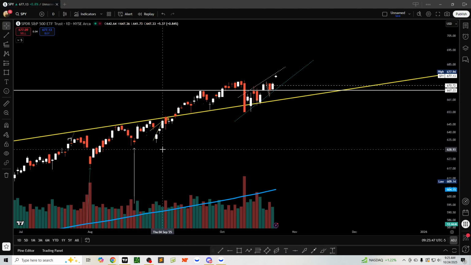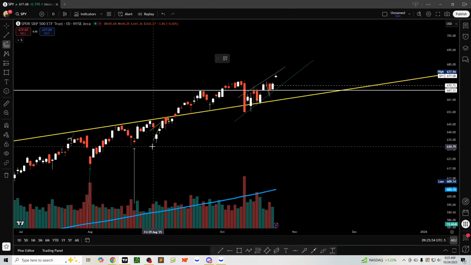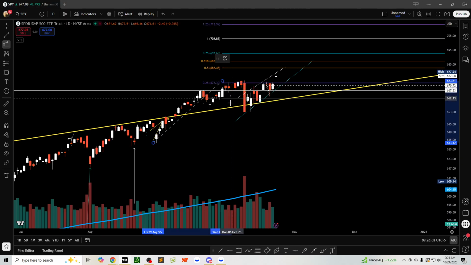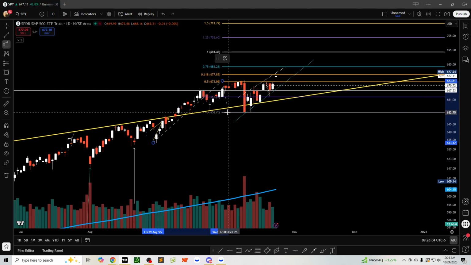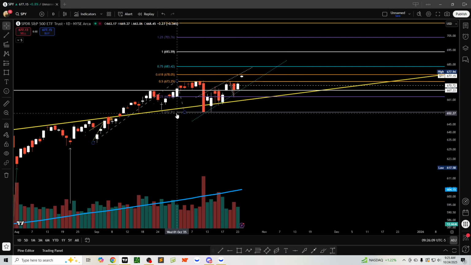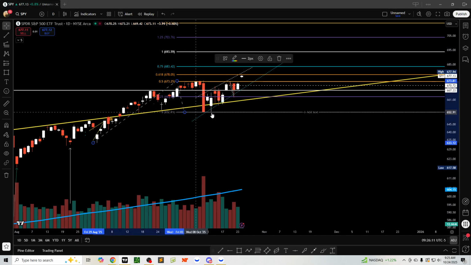So for me, it's obviously this low here, the last major pivot low, is where I want to start my extension. Okay, so I'm going to draw from them lows in August to our previous all-time high, not including today, down to this low point. All right, and I want to make sure this is perfect, so I'm going to adjust the numbers. Our previous all-time high was 673.95.